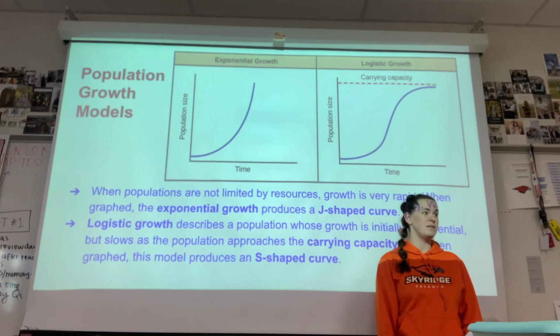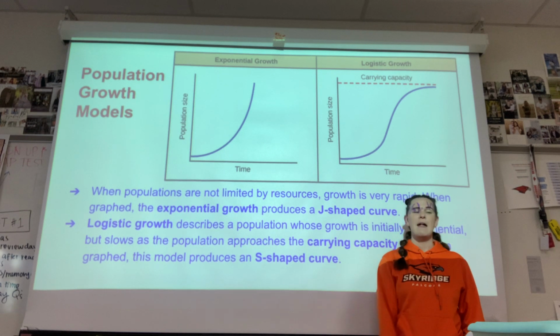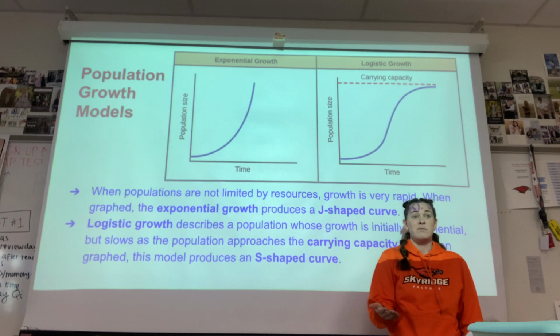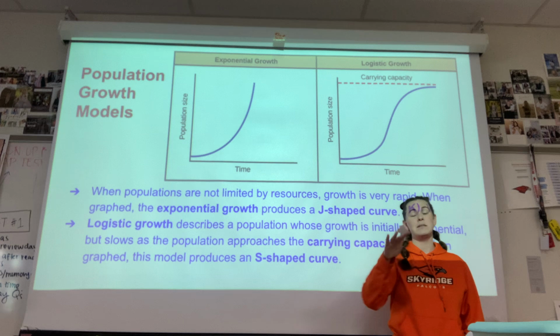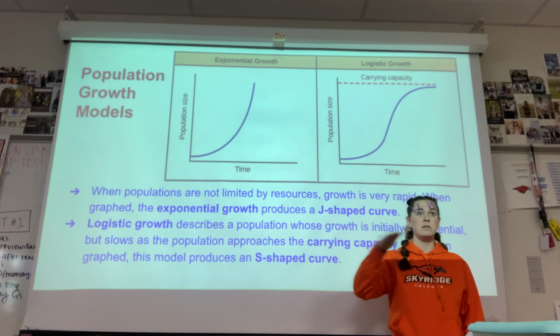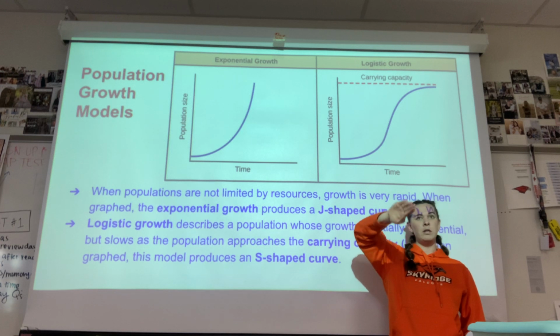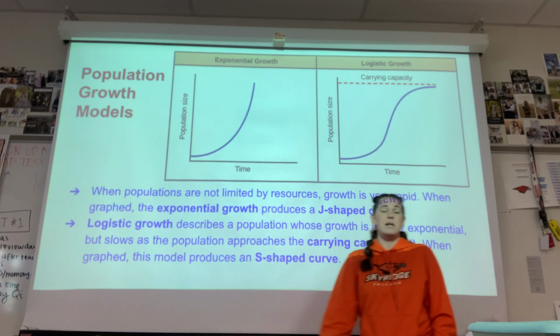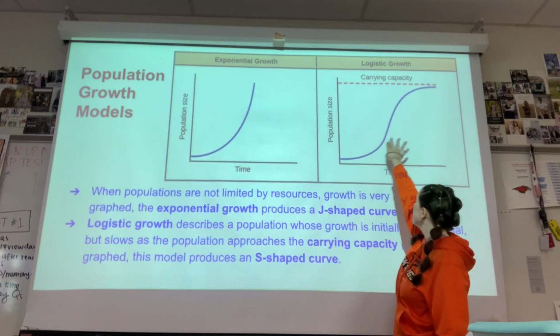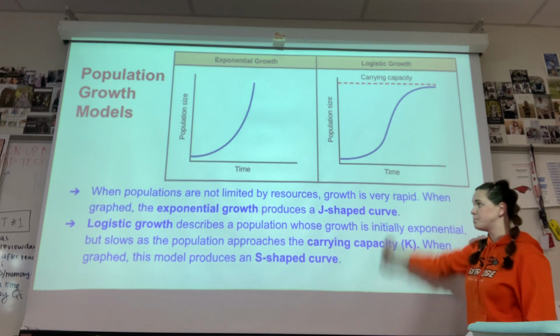They would have to start sitting on the ground. They probably wouldn't get that good of an education because if you're sitting on the ground, you can't see things, you can't do the labs. So our carrying capacity would be about 42 students. Our class can continually grow really quickly until we hit 42 students, and then it's going to stay stable. That's because we ran out of resources. Resources are what create a carrying capacity.